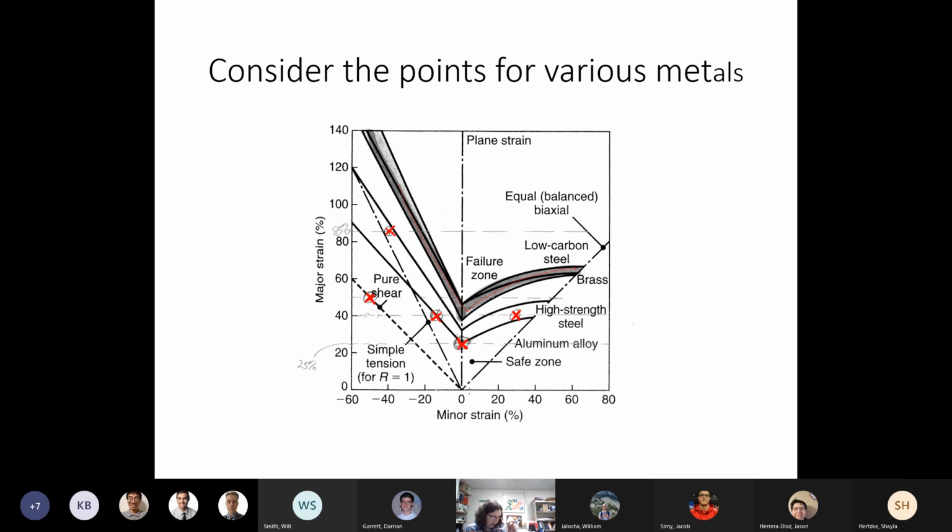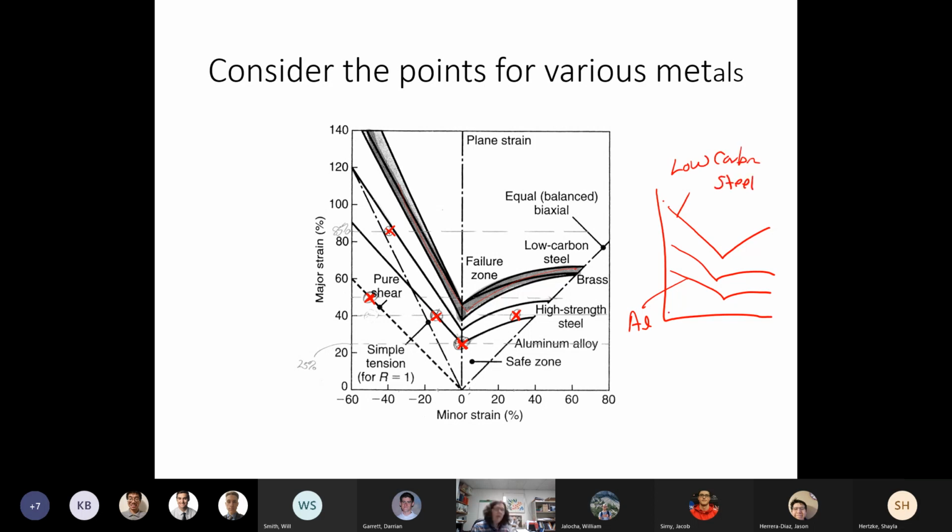Now, what's interesting is that when we look at this diagram, this is the aluminum. Here's our low carbon steel. The formability of aluminum is actually lower than that of steel. And that might seem kind of odd.